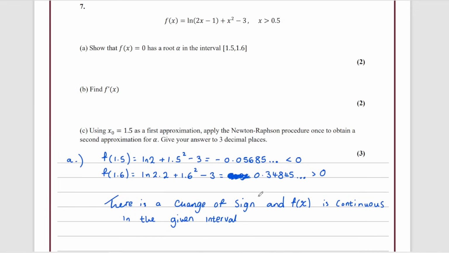So if we have a change of sign and our function f of x is continuous in this given interval, then that tells us there is a root alpha for f of x equals 0 in this interval here.